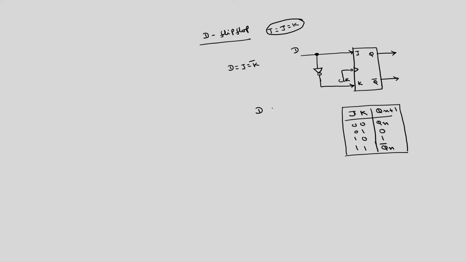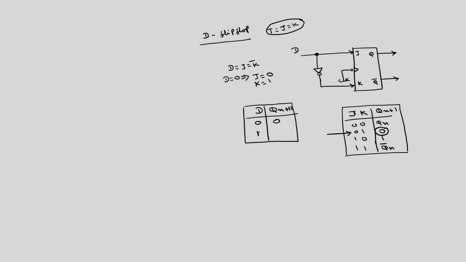So, this is D, Qn plus 1. D can be 0 or 1. D is equal to 0 corresponds to J is 0, K is equal to 1, this combination. So, what is the output here? 0.